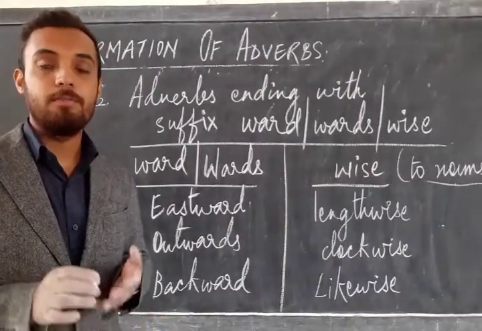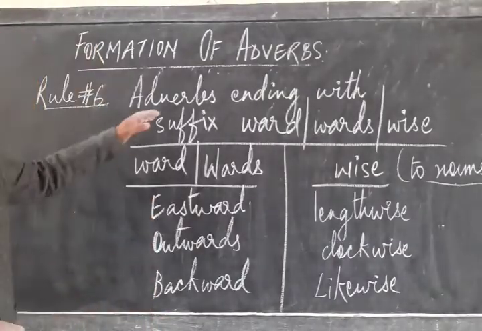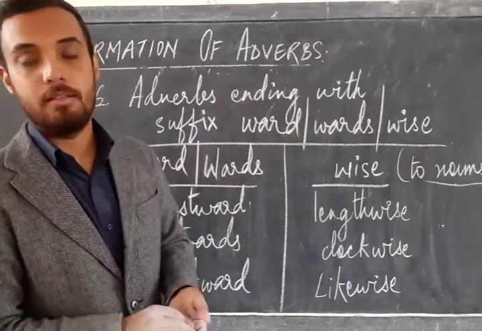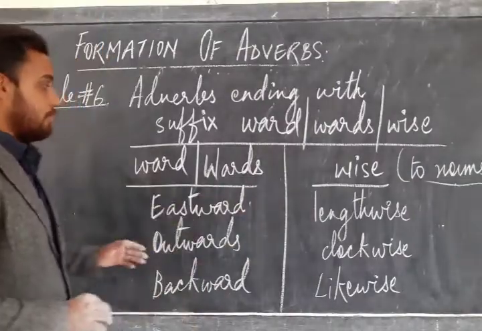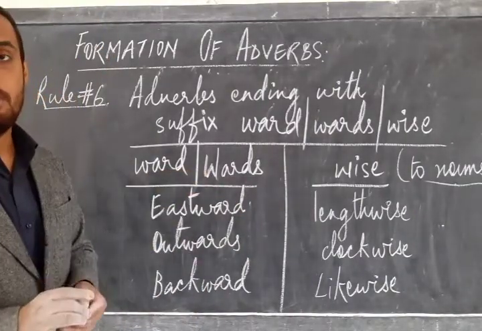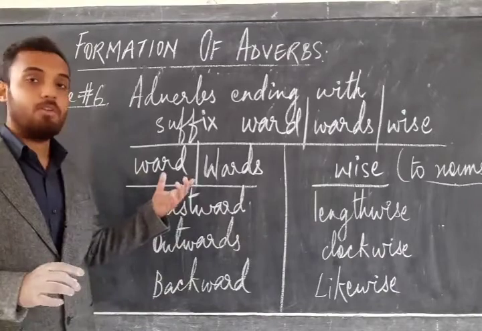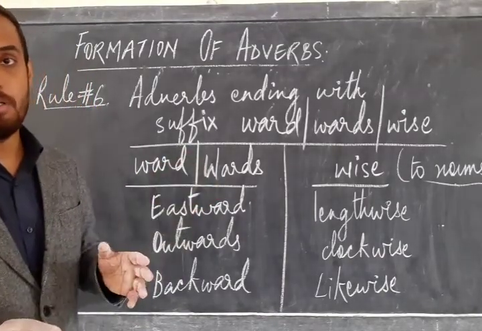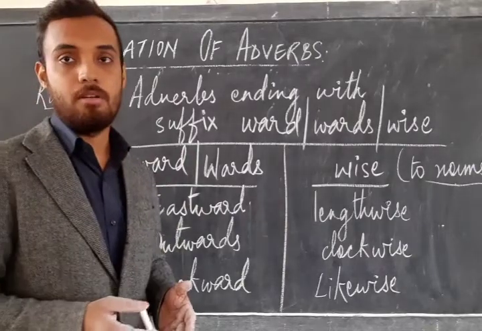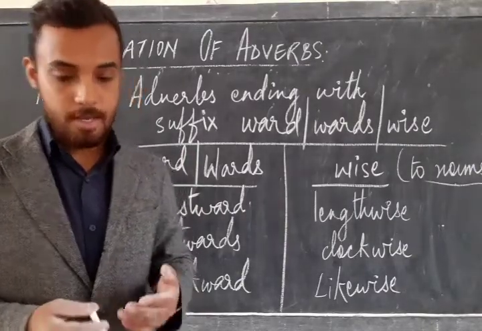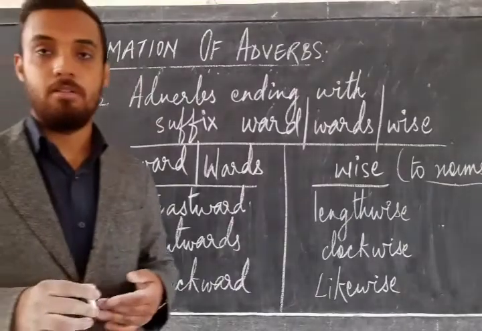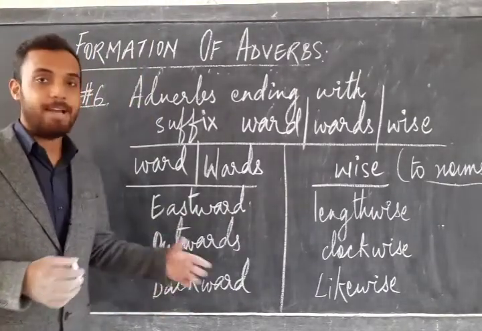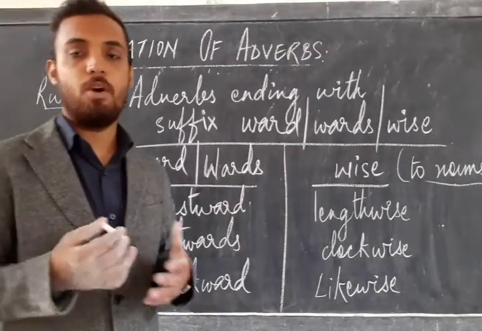Last rule, that is rule number 6. Adverbs ending with the suffix ward, wards or wise. Whenever you see the suffix ward or wards, it suggests direction. Examples: eastward, outwards, backward, northward, southward.